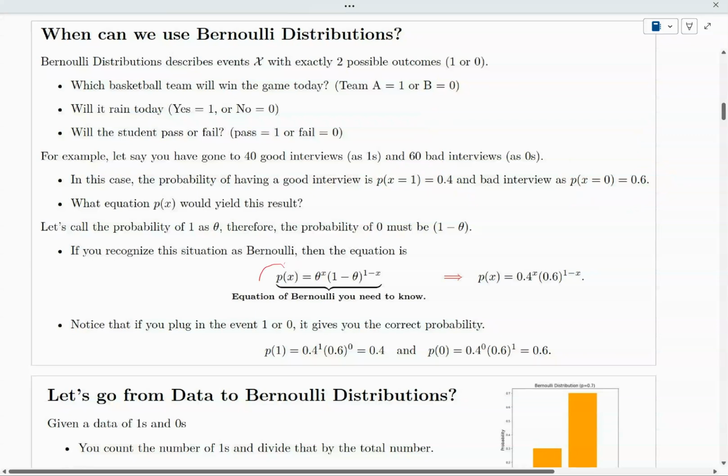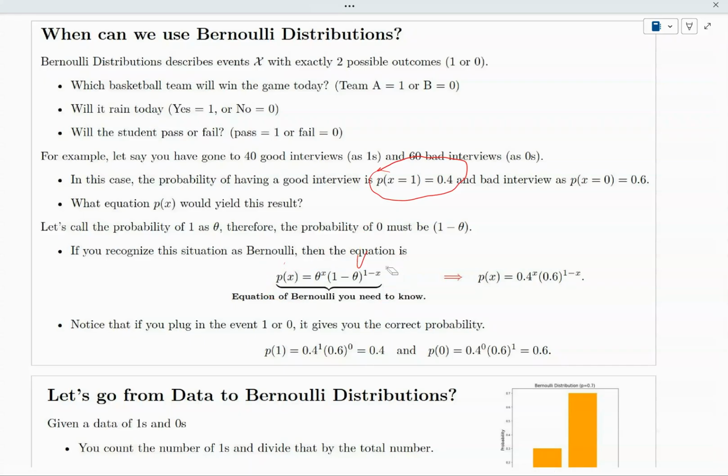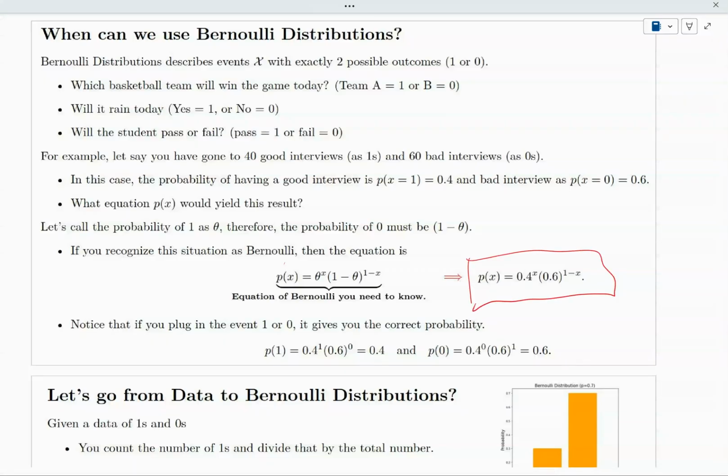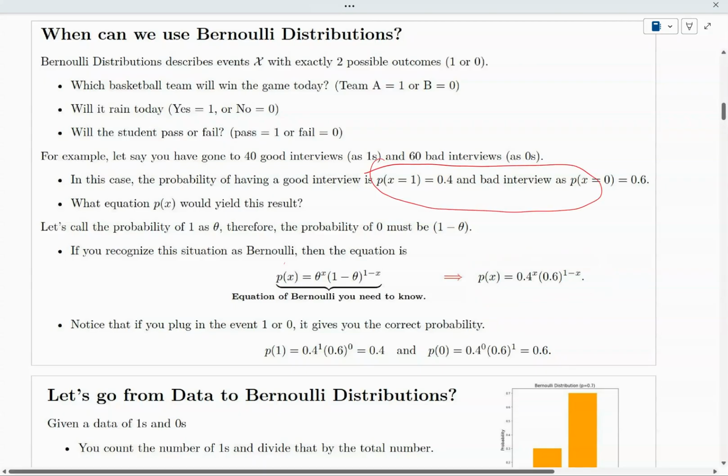You simply plug the probability of success into theta, and that is your equation. So theta is 0.4, 1 minus theta is 0.6. At first glance, you might not see why this is the equation, but remember, this is a Bernoulli distribution where you can only plug in 1 or 0.